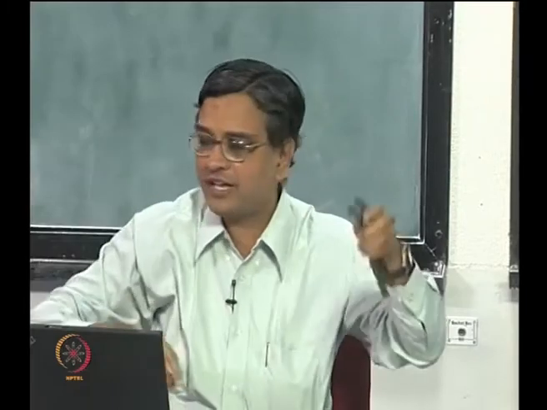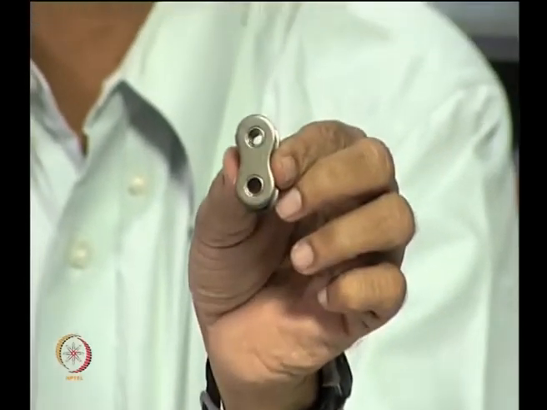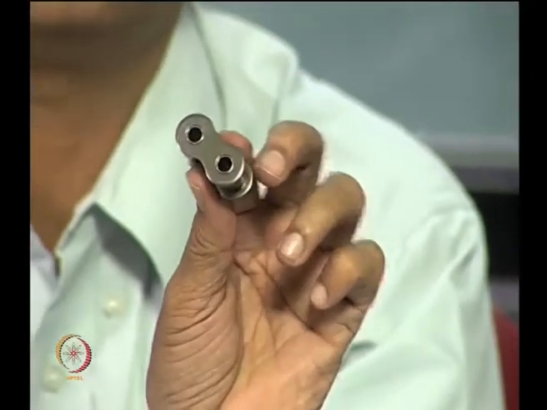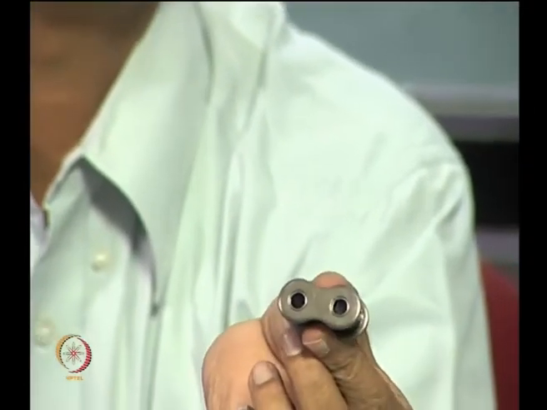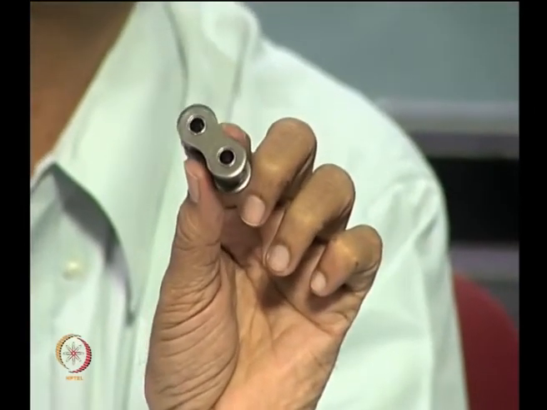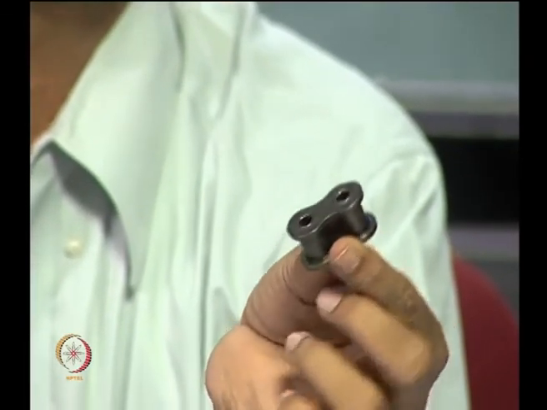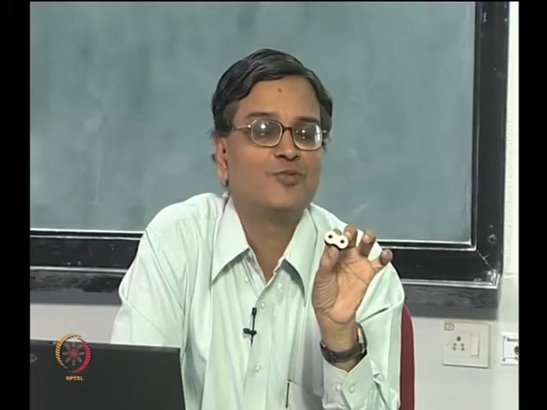And now I have here an element taken out of this chain. I am just holding it. Are there any stresses in this chain? How many of you say no? How many of you say yes? There is one person who says it is stressed, the rest of the class say it has no stresses.